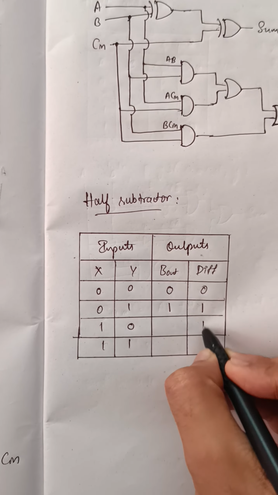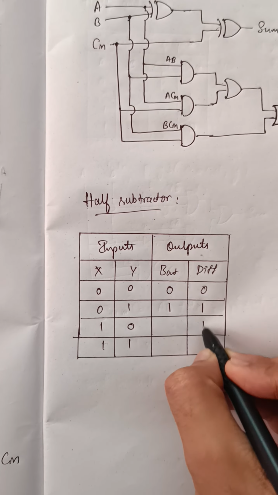Okay, now we will discuss about the full subtractor. Here there are three inputs as like in the full adder. Here x is 0, y is 0 and borrow in is 0, then the difference is 0 and the borrow out is also 0. And in the second input x is 0, y is 0 and borrow in is 1, then that will give the difference 1 and borrow out is 1.